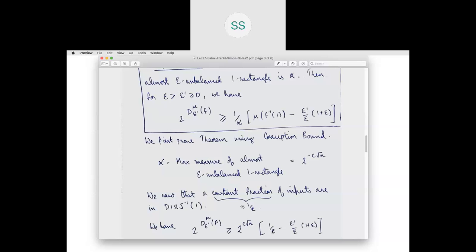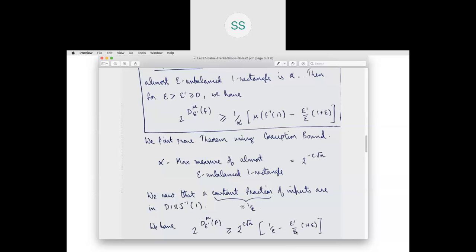You may be concerned that this is a rough approximation and not an exact computation, but that's okay. All we want is some constant, which is 0.3, 0.2 or something like that. Now minus epsilon prime by epsilon times 1 plus epsilon. Notice that epsilon prime is less than epsilon, so you can choose epsilon prime to be much smaller than epsilon, let's say 1 by 100 fraction of epsilon.